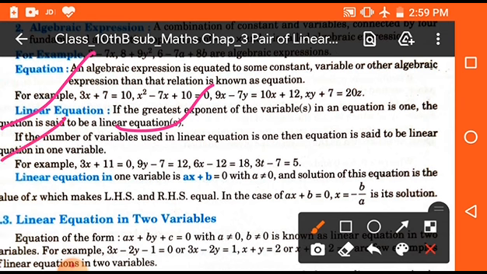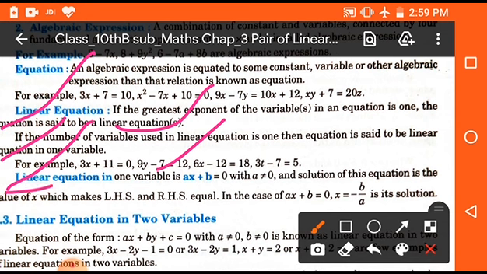If the number of variables used in the linear equation is 1, then the equation is said to be a linear equation in one variable. For example, 3x plus 11 equals 0, 9y minus 7 equals 12, 6x minus 12 equals 18 are examples of linear equations. Clear? So these are equations in one variable.